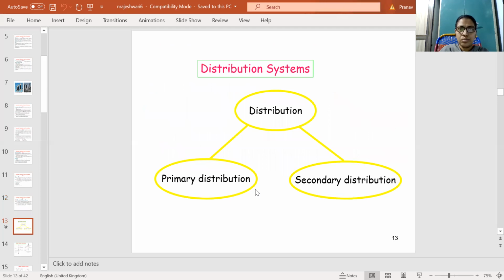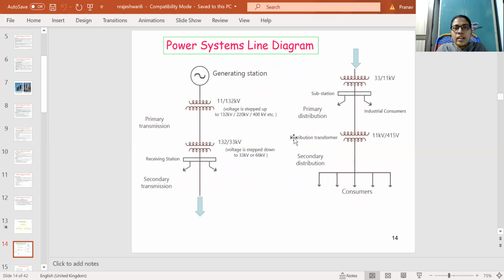Coming to the distribution systems, there is a classification of distribution systems. There are two types: the first one is primary distribution, and the second one is secondary distribution. The figure shows the power system line diagram from the generating station to the consumers.